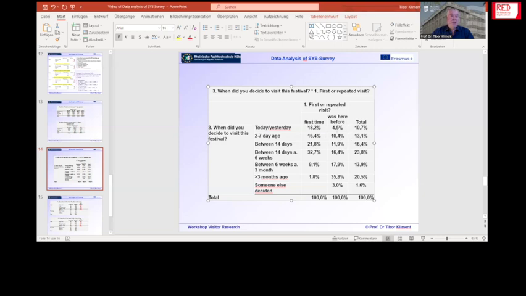So this is an insight, and you can learn from it. For instance, it could be an idea to make discounts for first-time visitors, last-minute discounts, or something like that, to enlarge this group, to bring more first-time visitors into the festival.